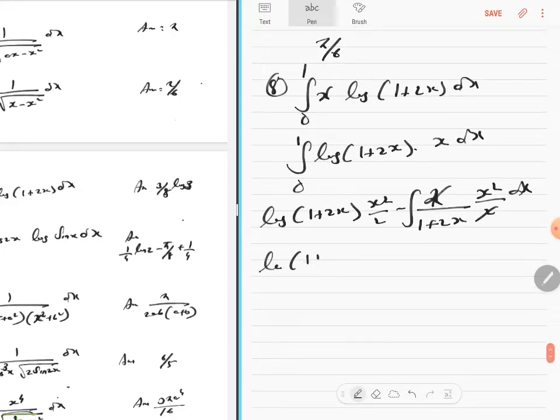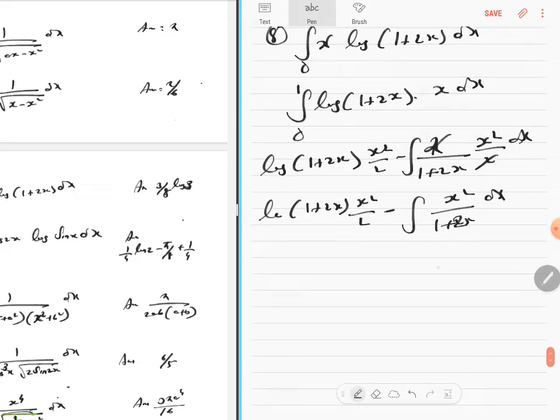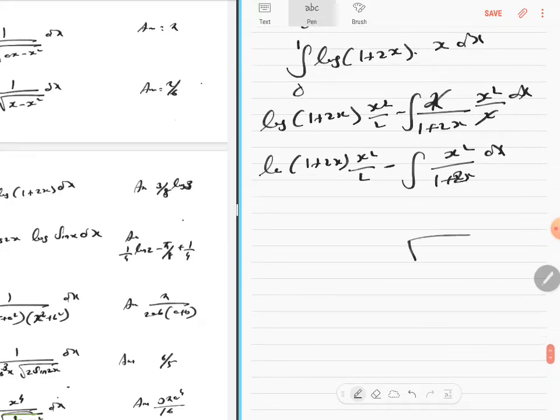So log of 1 plus 2x into x square by 2 minus this itself is x square by 1 plus 2x dx. And can you see that the numerator is greater than the denominator? So in that case, you will take the numerator and divide it by the denominator. So you write 2x plus 1, and if you do it by x by 2, that's when you get an x square plus an x by 2. So minus and minus, so it will become minus x by 2.